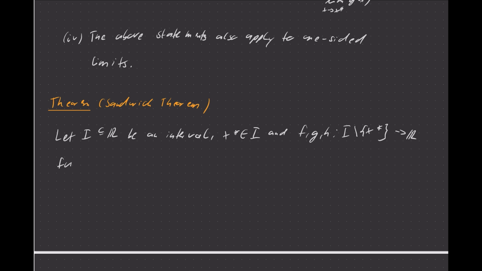So those are functions such that, let's say, the limits of f as x tends to x star and the limit of h as x tends to x star, we want those to exist.